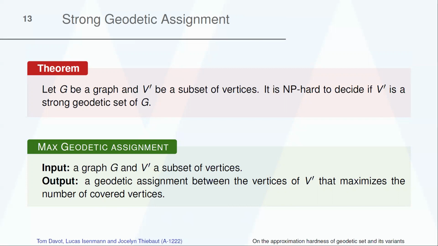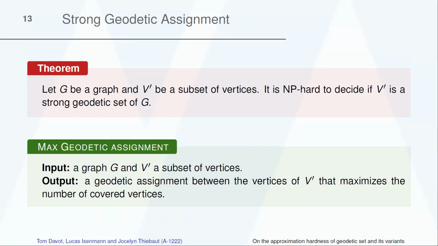And we did this with a reduction from a variant of SAT. So since it's hard to find an assignment of shortest paths, a natural question is to cover as many vertices as possible.